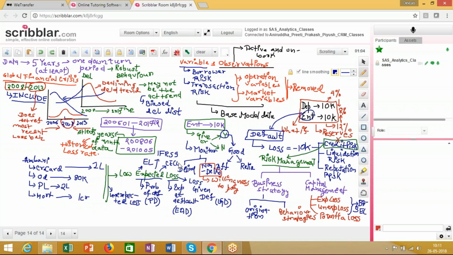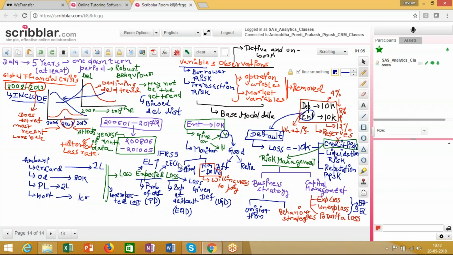So we'll go through that entire cycle. But to start off, we will focus on the expected loss concept. We'll talk about the three broad components that expected loss has, the different types of portfolios for which these can be developed, and the importance of each of these measures.